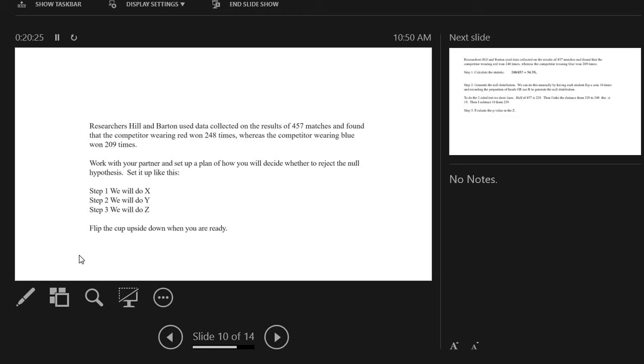Probably. So we do care about the strength of the effect, and we also care about whether there is an effect at all in some cases. It depends on what we're doing. Most things don't come out with that sure 99% thing like I showed you. All right? Once you're done, turn your cup upside down so I know that you're ready.